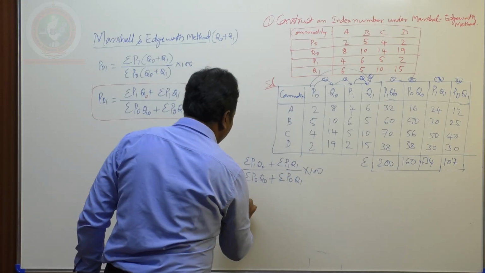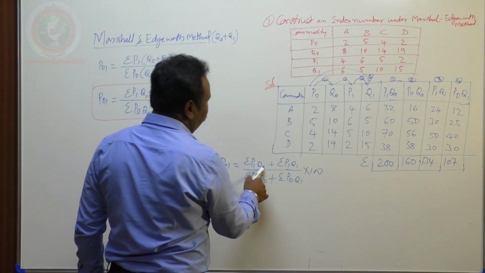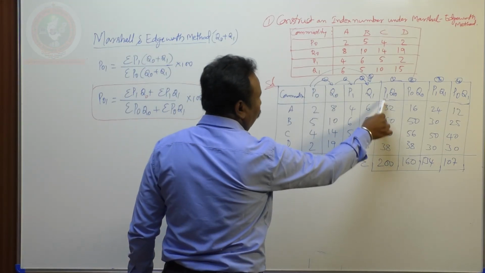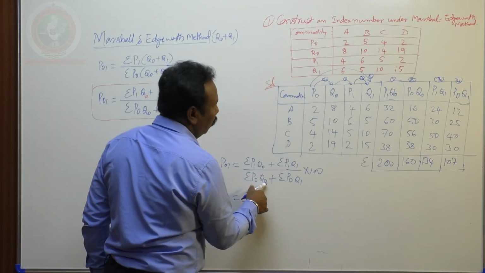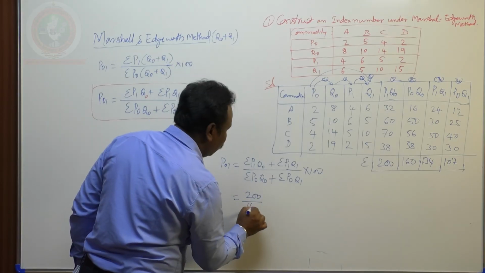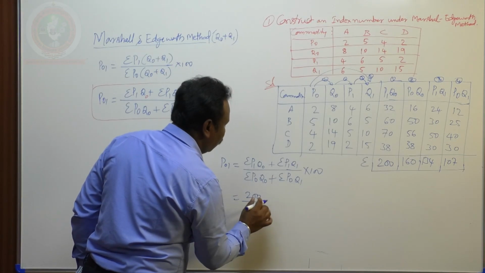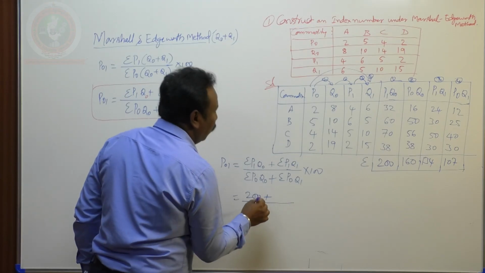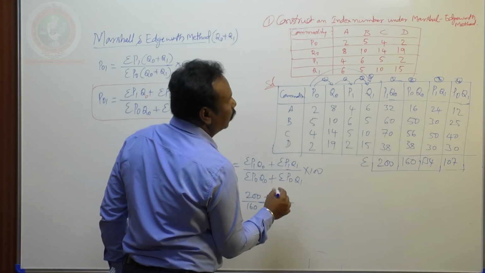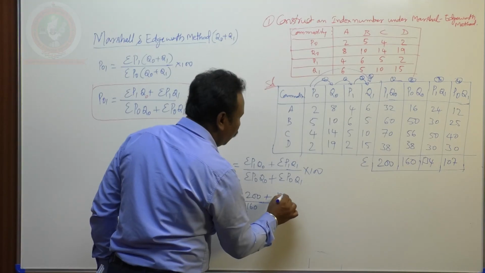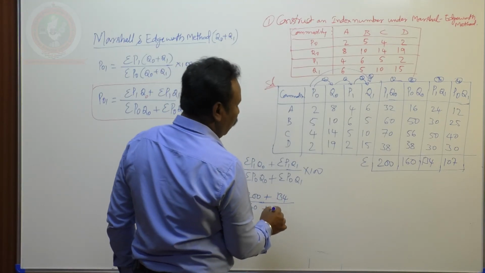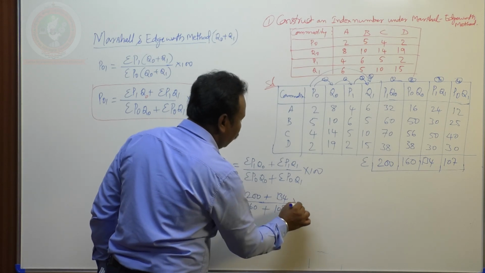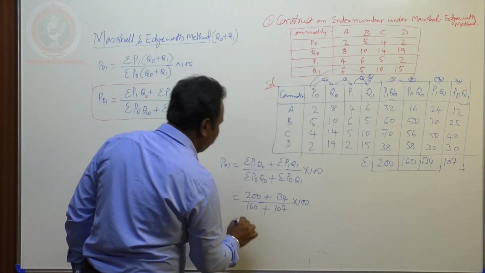Now summation of P1 Q0 is 200, divided by P0 Q0, 160, plus summation of P1 Q1, which is 134, divided by 107, into 100.